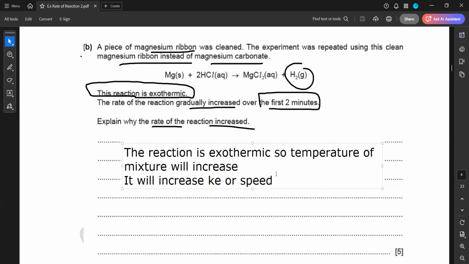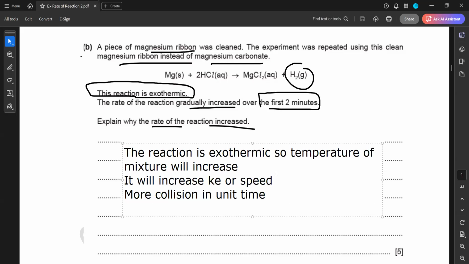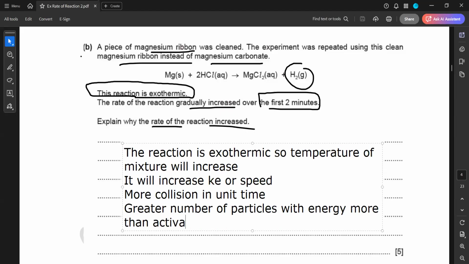It will increase the kinetic energy, or the speed, of the particles. Or we can say there will be more collisions in unit time. More particles will collide every second, and there will be a greater number of particles with energy more than the activation energy.